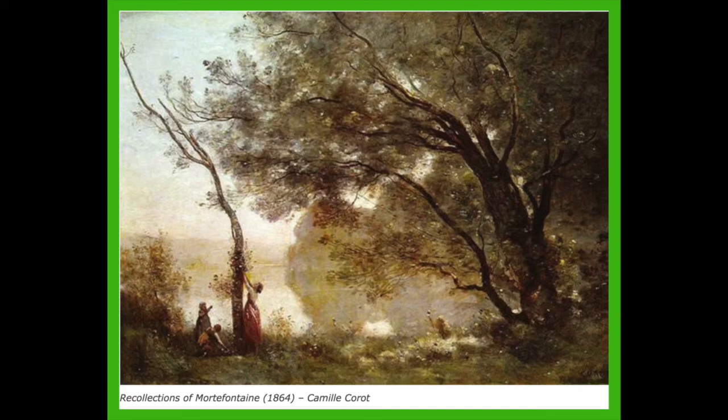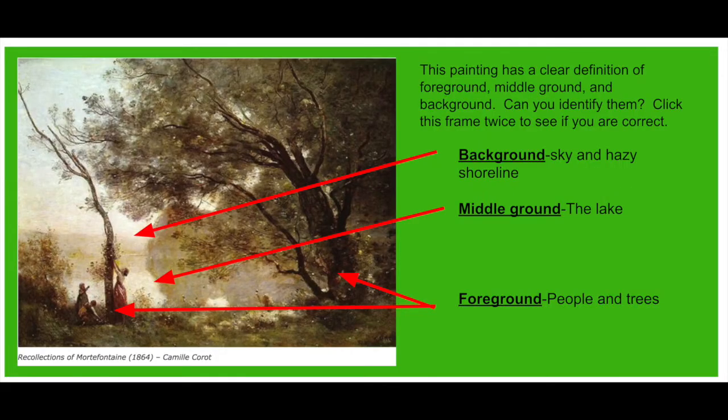Is it in middle ground or is it in foreground? Is this what you saw whenever I asked you about background, middle ground, and foreground? I think probably the most important part of this particular painting is the area in the foreground. I think that's your focal point. So sometimes it can be in the foreground.